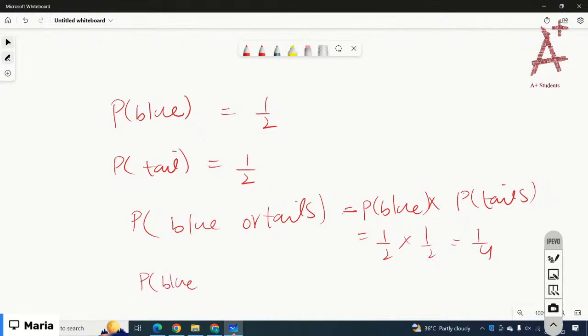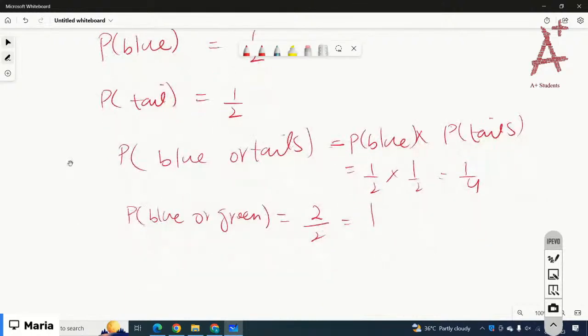The probability of blue or green: you have a total of two outcomes, right? And 2 out of 2 means 1. And the probability of head is the same as the probability of tail, because you have a 50% chance to get the head. It would be 1 over 2.